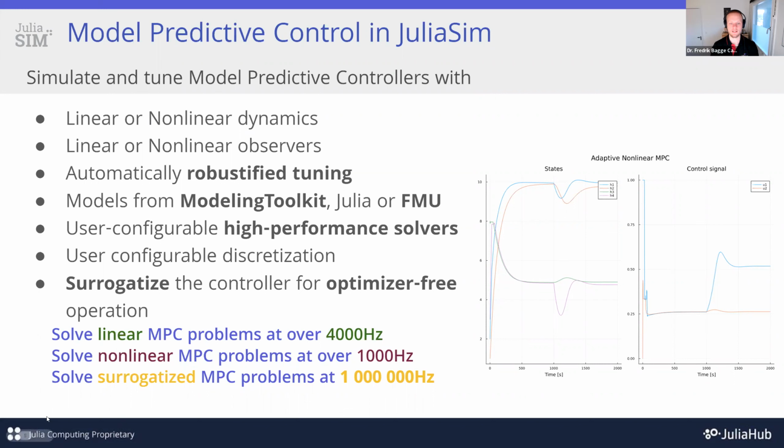So 1 megahertz is obviously vastly faster than if you have the optimizer in the loop. Today, we're going to see an example of an intermediate complexity system where we reach the order of maybe 20 kilohertz sampling frequency, something like that. But the surrogatized version is always substantially faster, and we will dive deeper into several other benefits related to removing the optimizer from the loop.